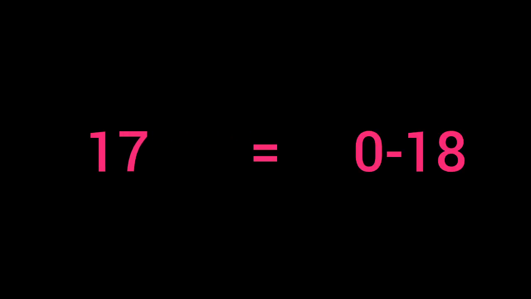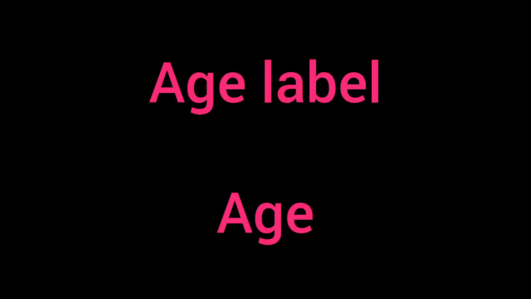Alright, let's discuss this part of the code a bit more. Imagine you're 17. Your age group will be 0 to 18. Is that right? So each age that you have has an age label. Here, the age bins mean the boundaries of the age intervals: 0, 18, 30, 45, 60, 75, and 100.